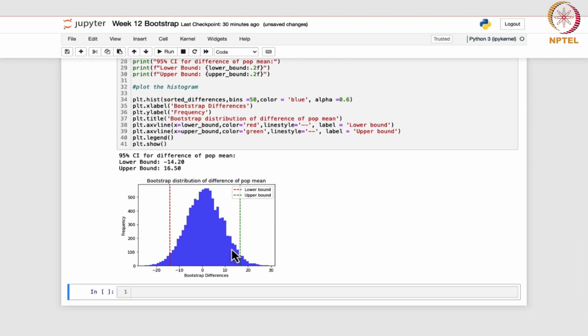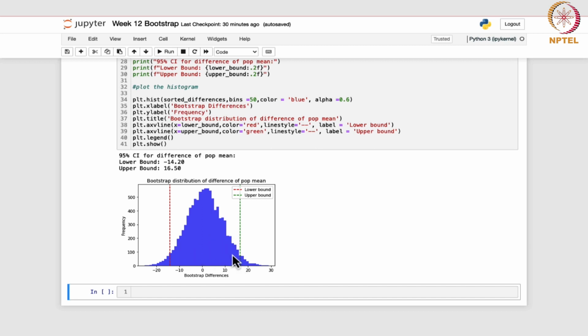Yeah, you can see that these are the histograms of the difference of the two means. This is your lower bound, which is denoted by red line, and here you have the upper bound, which is green. Okay, so minus 14 to 16.5, so 95%.